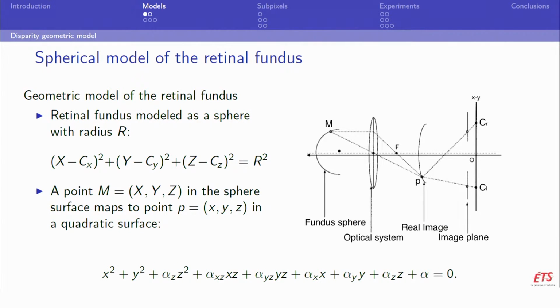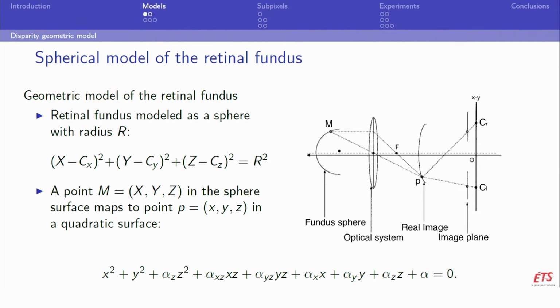The first part of the process is modeling the fundus images. Basically, we are modeling the eye as a sphere. The back of the eye is a part of a sphere, and the fundus is the back part of the eye.